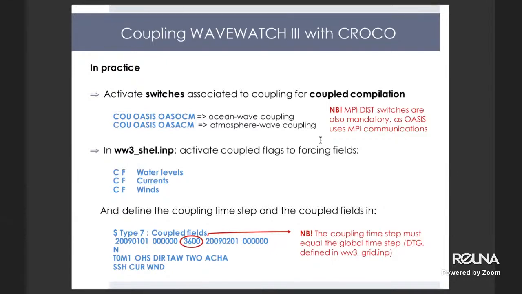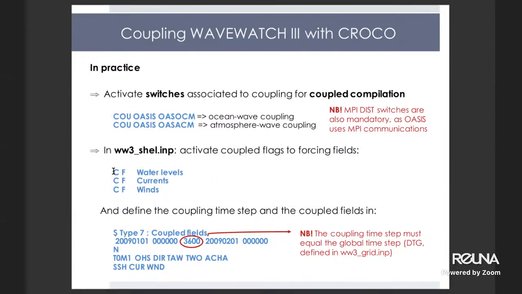Then, once you have your WAVEWATCH compiled, you have to make some changes to allow coupling in the shell.inp file, which is the namelist for the main WAVEWATCH shell program. And there you have to activate coupled flags for the forcing field.